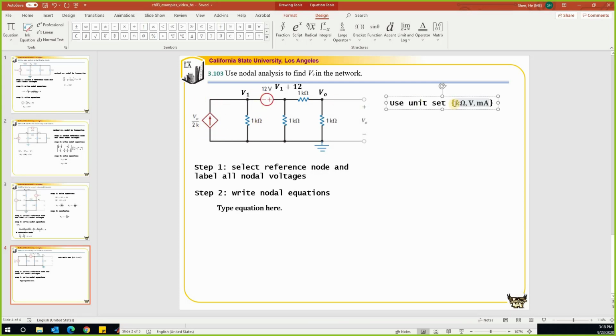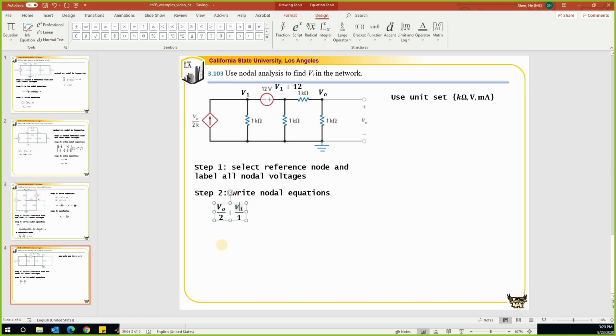I'm going to use kilo ohm, volt, and milliamp as my units. So when I write the equation, it becomes a little bit simpler, so I don't need to carry the K all over the place. Current leaving this node in this branch is VO over 2. So the second branch, the current leaving this node should be 0 minus V1 divided by 1.